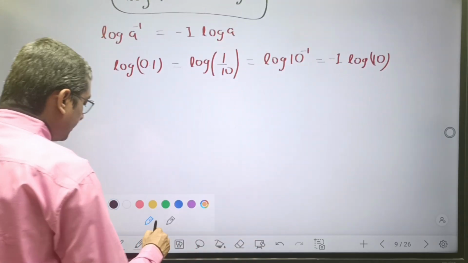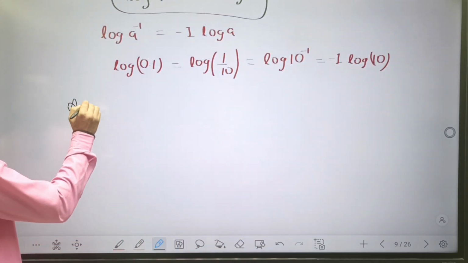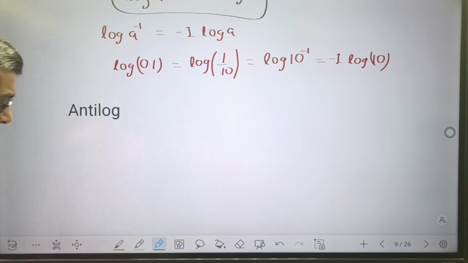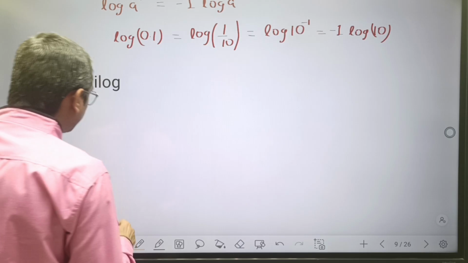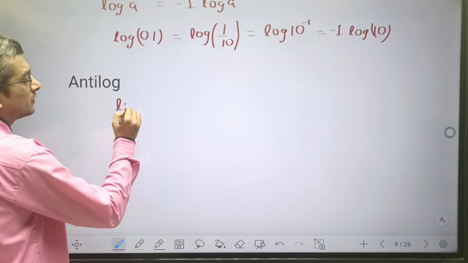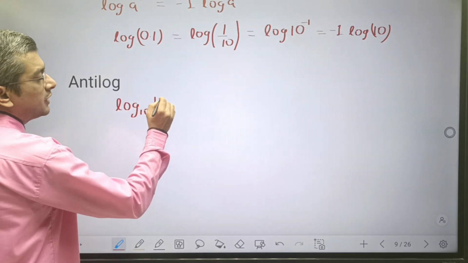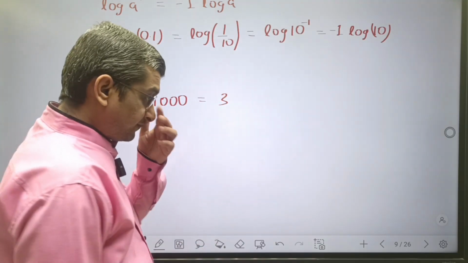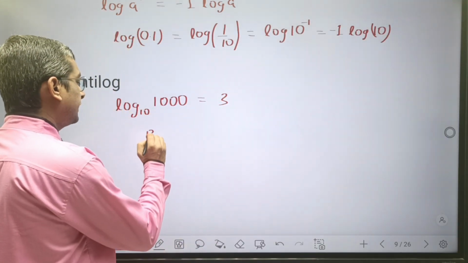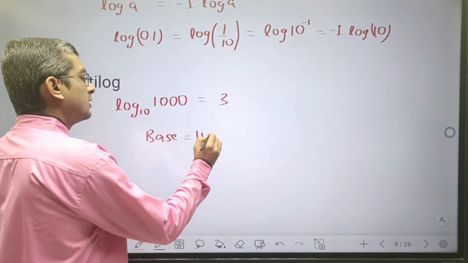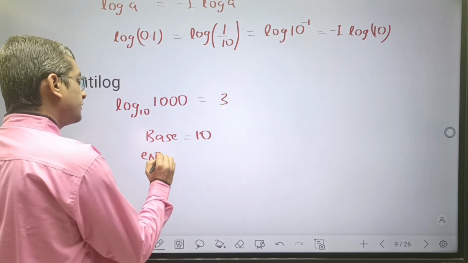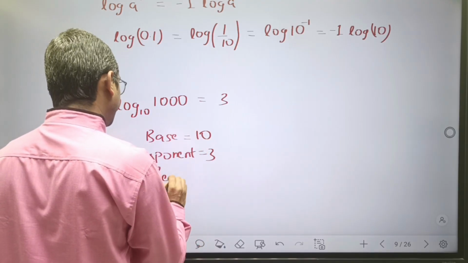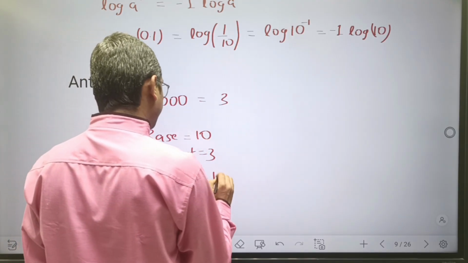So these are the identities which are used in logarithm. Now the next very important topic is anti-log. As the name suggests, it is the anti-log. So what happens in anti-log? Suppose I write log base 10 of 1000, so the answer is 3. Here the base is 10, the exponent or power is 3, and the result is 1000.